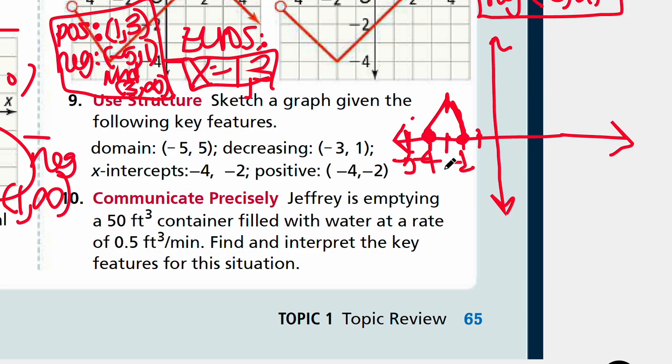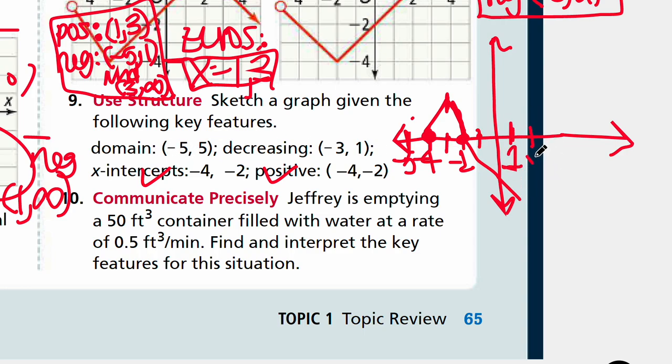And then it's positive from -4 to -2. Okay, we've done that. We've done the x-intercepts, and we're still decreasing until x is equal to 1, right? So we're decreasing, keep decreasing, and then your domain is -5 to 5.